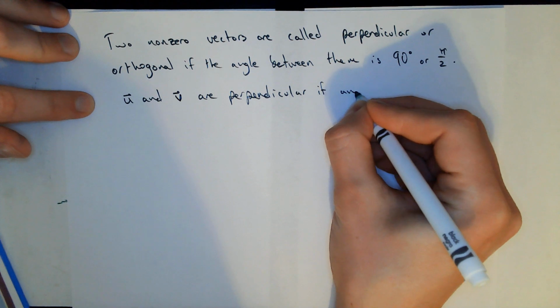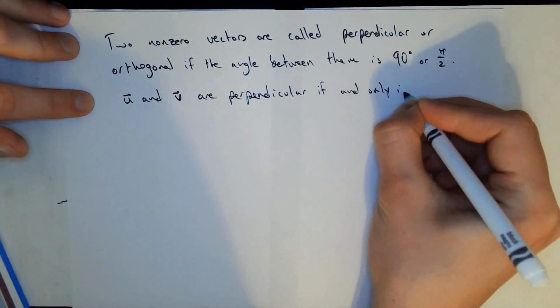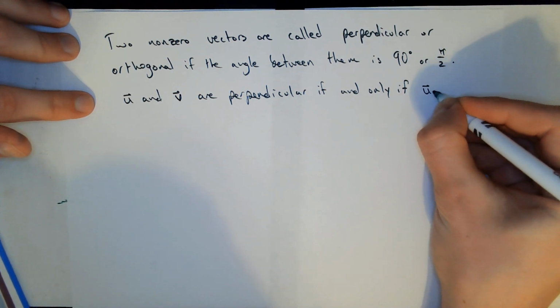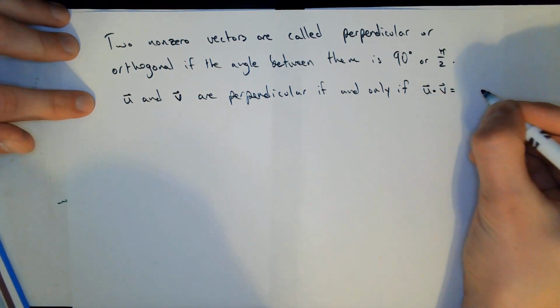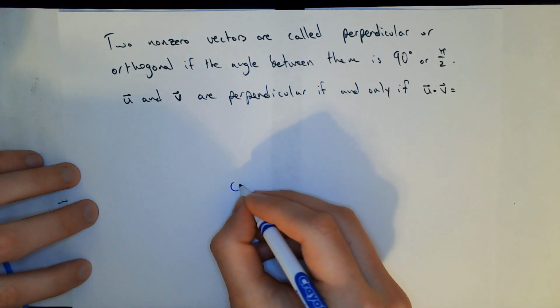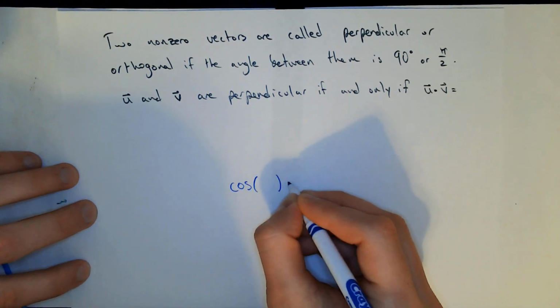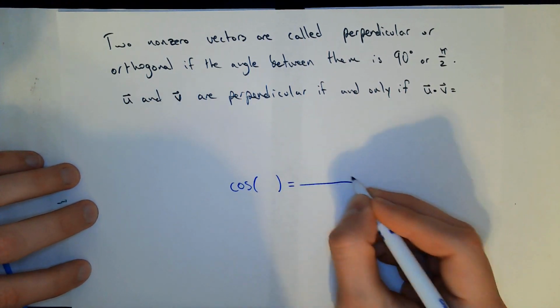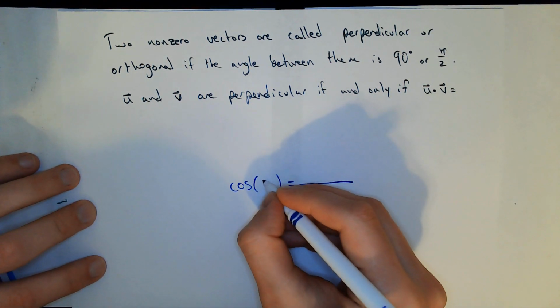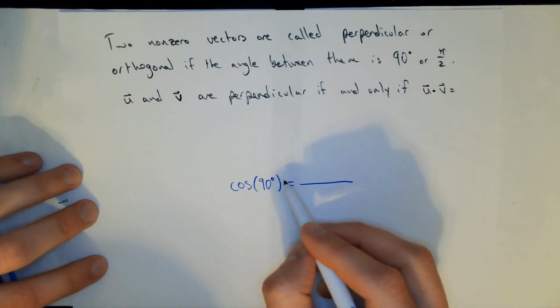if and only if, meaning it's necessary and sufficient for the dot product to be what? What would it be? Well, if the angle between them is 90 degrees, we have this formula that says cosine of theta should be equal to dot product over magnitudes, right? If the angle here is 90 degrees, what does this actually output?